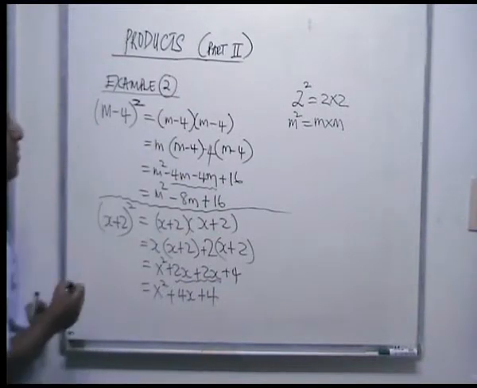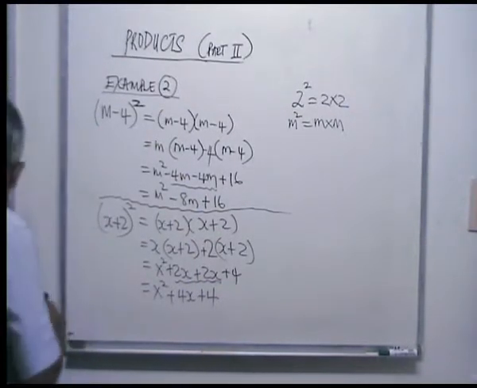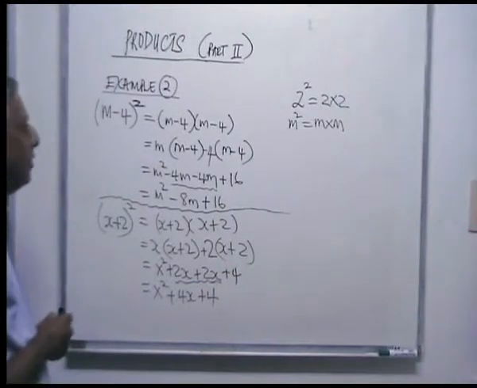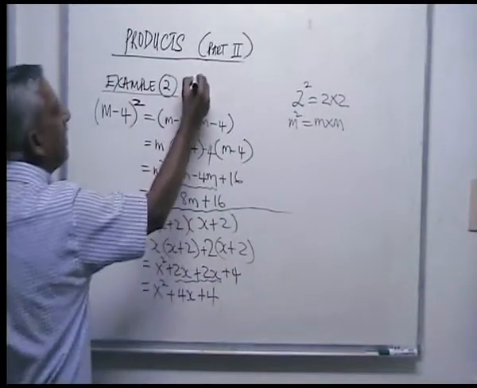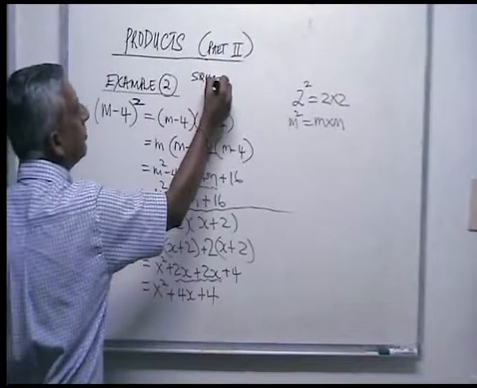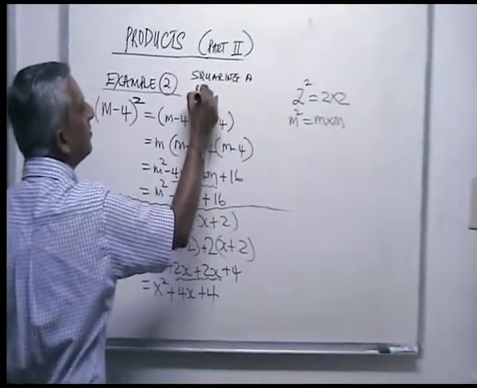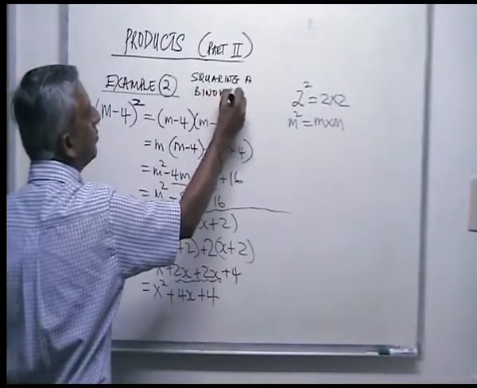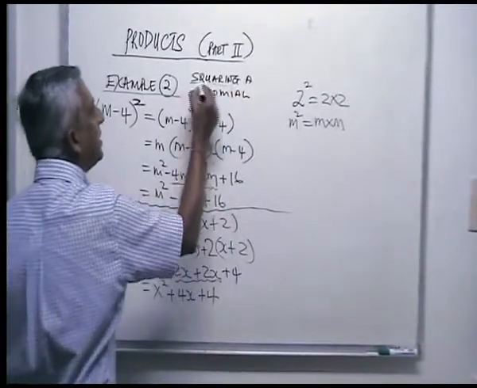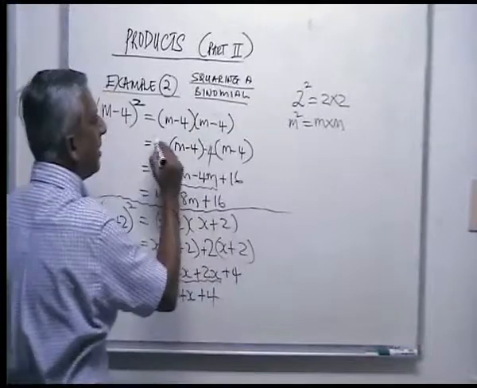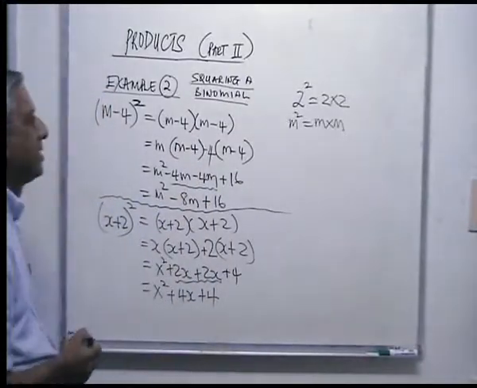Okay, so these 2 examples are called squaring a binomial. But what we did is we're doing it the long way, step by step.